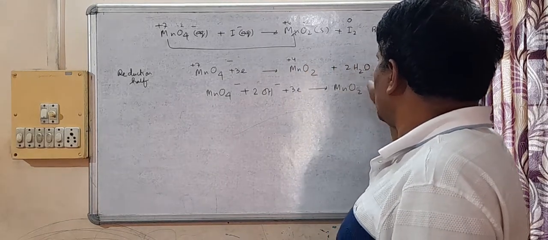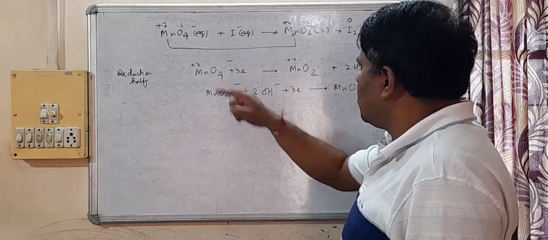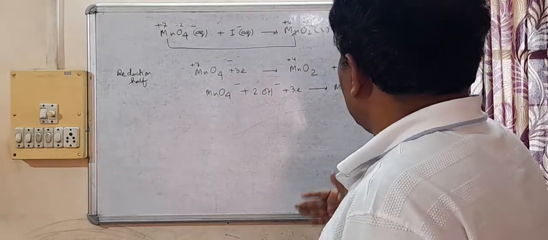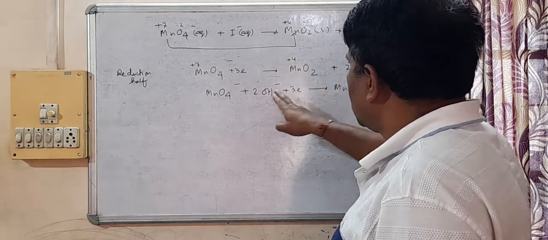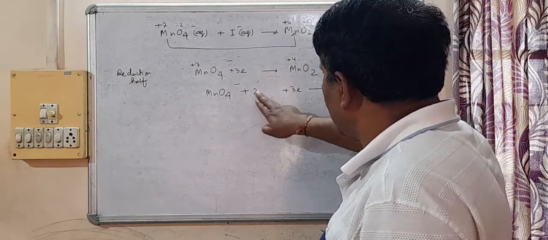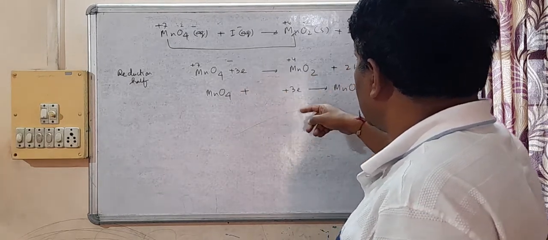So we have added 2 water. By putting 2 water, oxygen is balanced. So let me rewrite this here once again.